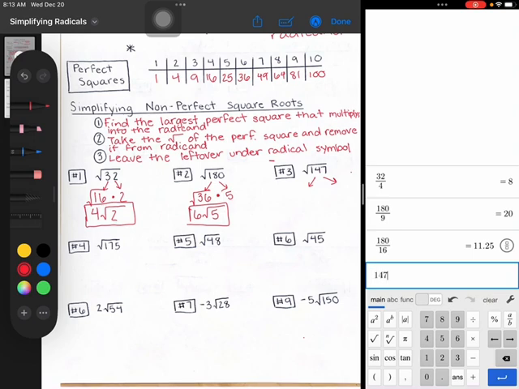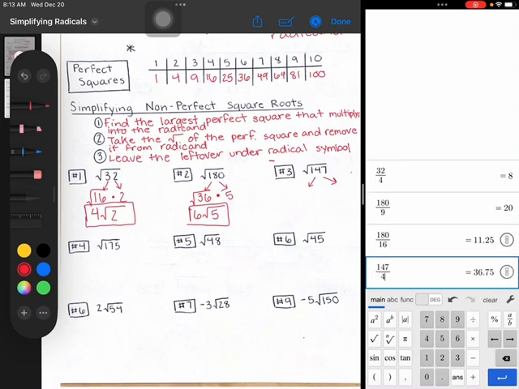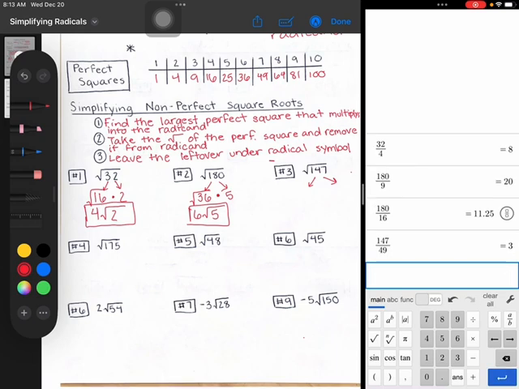So 147 divided by 49. Perfect. That's 3. So 49 times 3. I take the square root of 49, which is 7, and then square root 3. Perfect. My leftover always stays underneath.